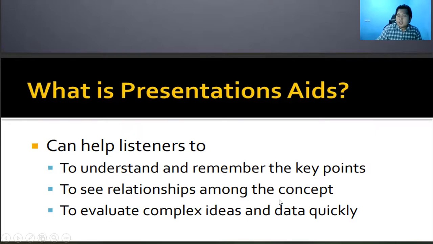Later on, I will discuss what these concepts are. And lastly, to evaluate complex ideas and data quickly. Here, I am just giving you data for quick information. But later on, I will show you charts and representations to show the relationships of the topics in this topic. Okay.